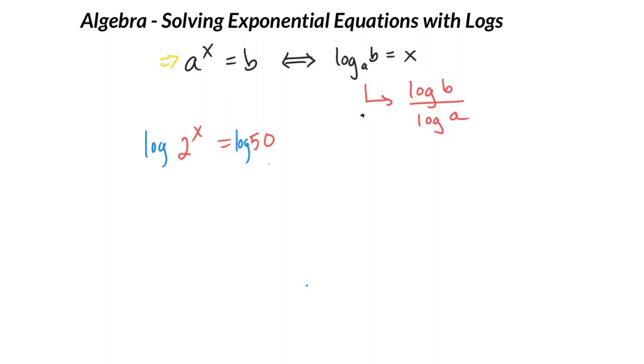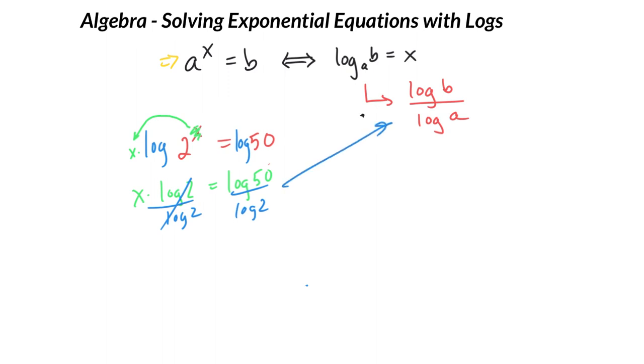Of course, it's an algebraic thing: you do something to one side, you do it to the other. There's a log rule that states that when you take the log of an exponential, the exponent drops to be a multiplier like this. So you end up with x times the log of 2 equals the log of 50. You then can divide both sides by log of 2 to get x by itself. Just notice that's exactly the same thing we would have up there.